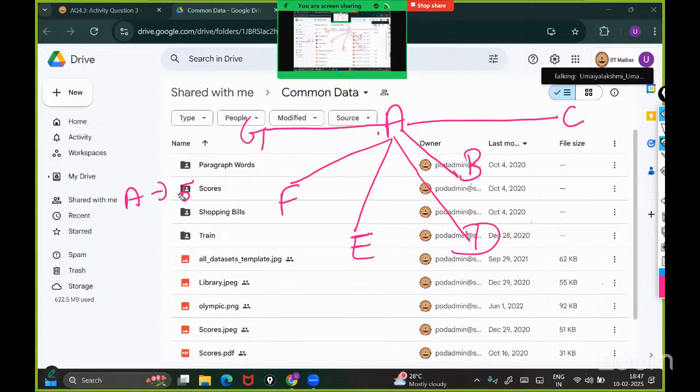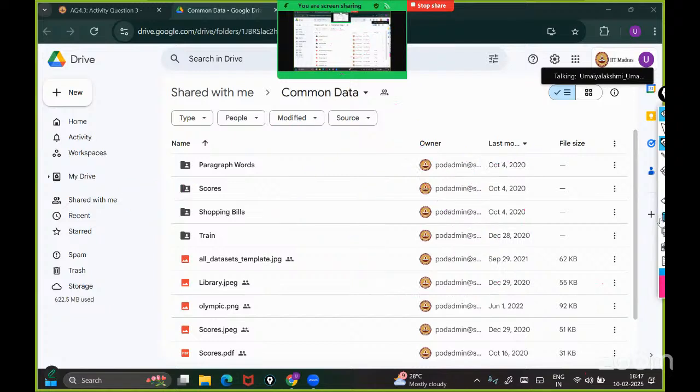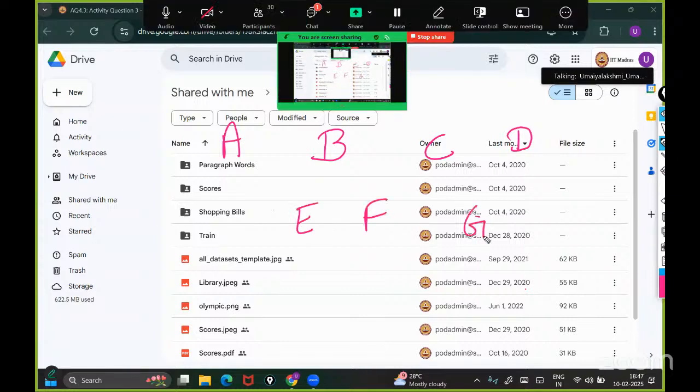And how many elements will B be mapped with? Let me just draw it in a better way. I think this is okay, right?